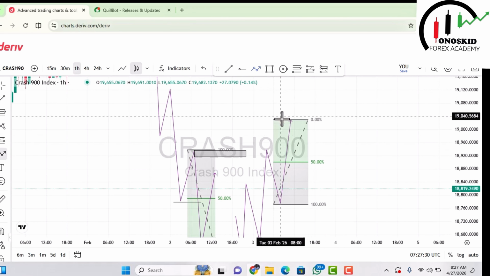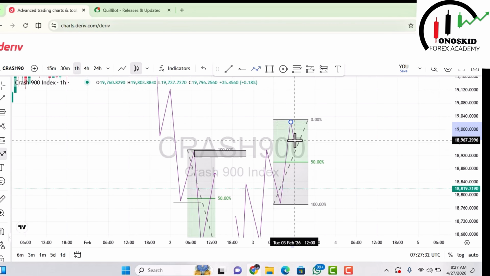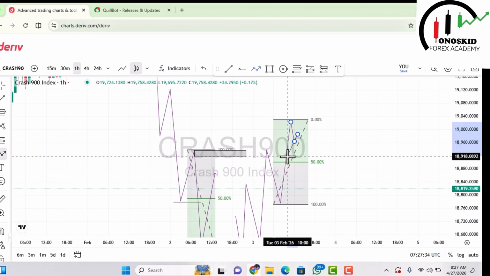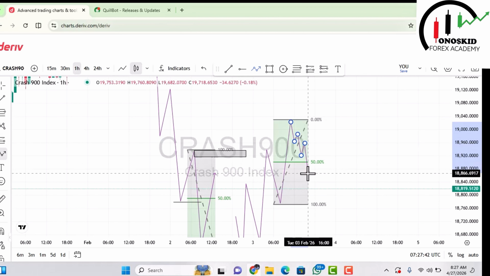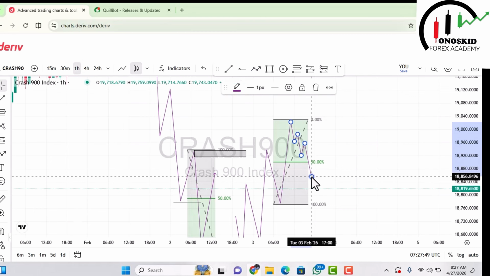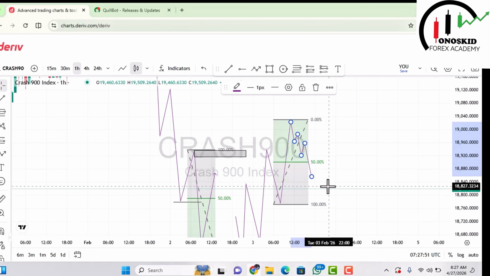So you are not interested in taking any buy opportunity from this point anywhere around this region until price breaks below the 50% Fibonacci retracement level. Then you start looking out for your demand candle. So in essence, you look out for a demand candle when you want to buy, and you look out for a supply candle when you want to sell. So I hope that is taken.